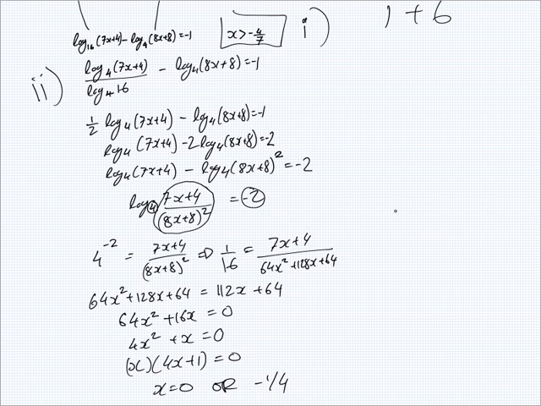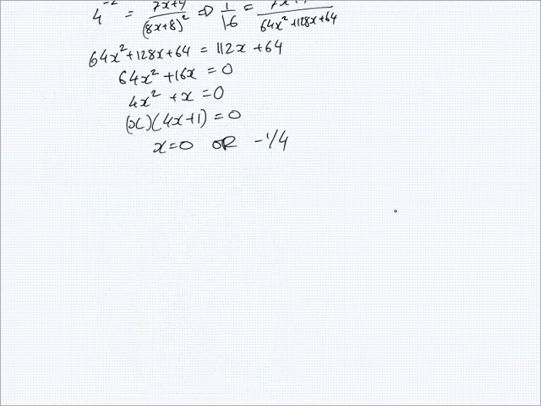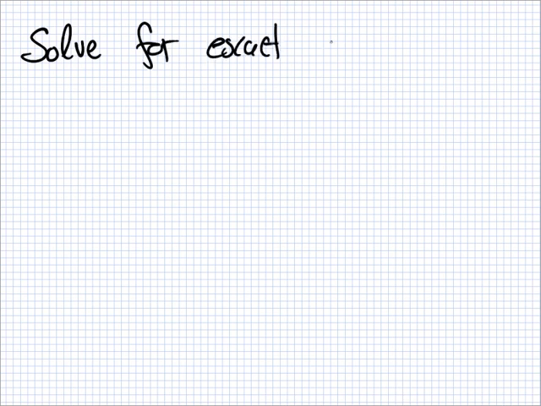Before we finish, I'll just give you one more log question. You can try it at home. It's a tricky one that I gave the other students. Solve for exact x and y.